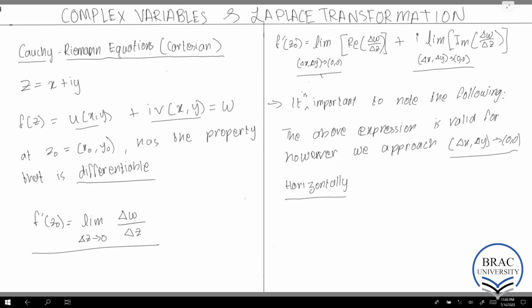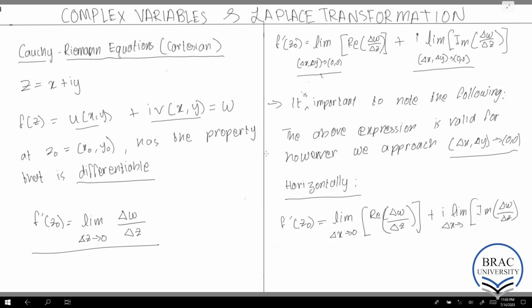Having the limit approach 0, 0 horizontally, the first derivative of f at z0 simply changes to this, where we have the limit as delta x tends to 0 of the real part of delta w by delta z, plus the imaginary part, taking the limit of the imaginary part of delta w by delta z.